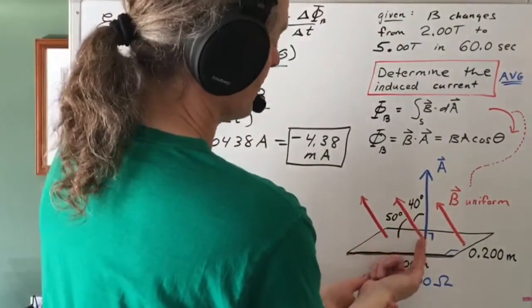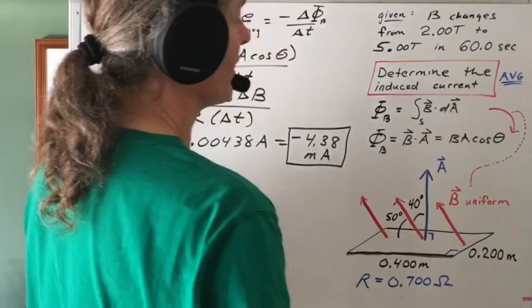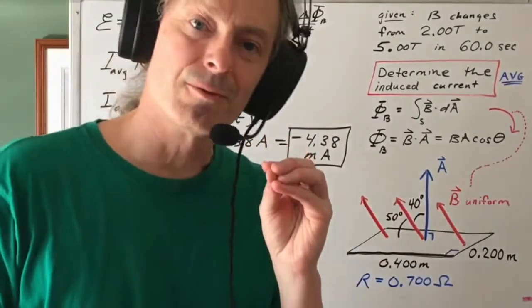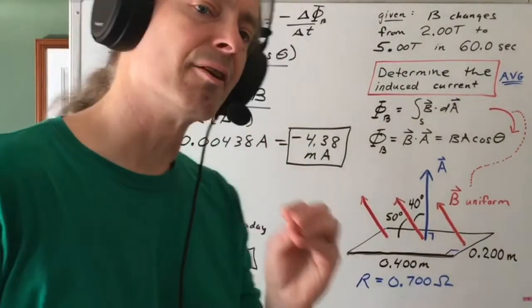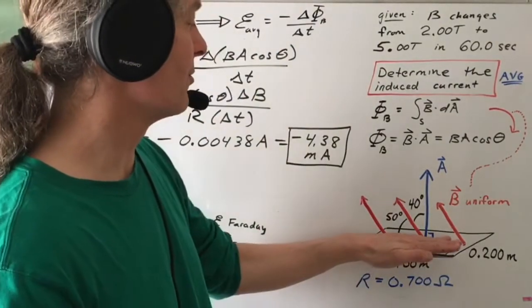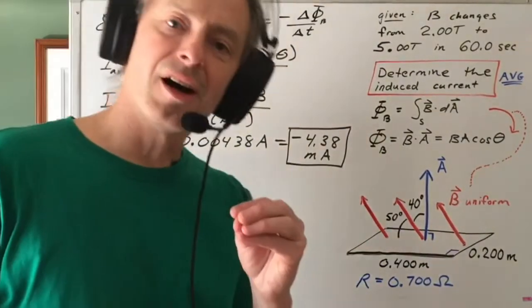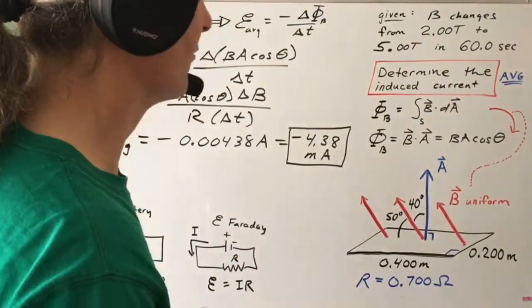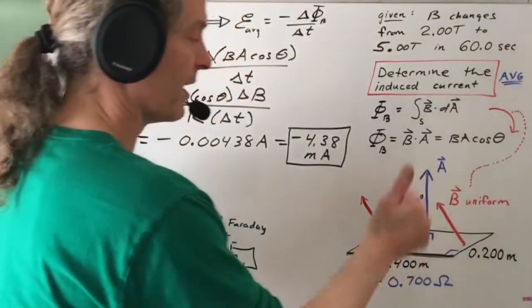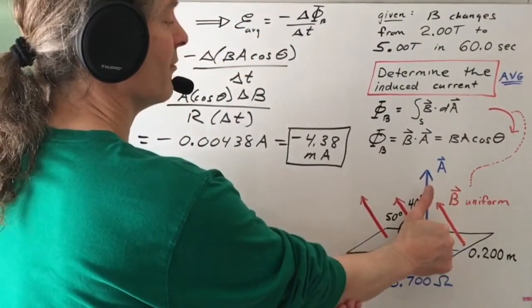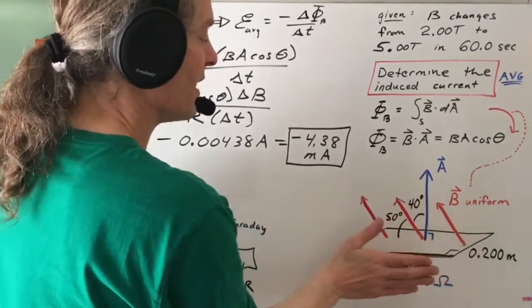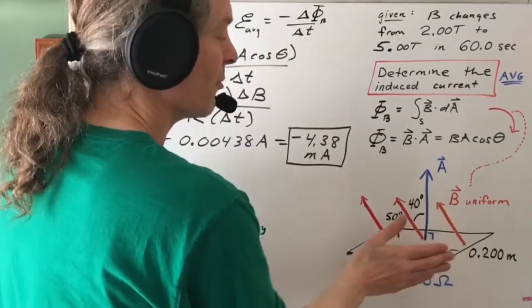Assuming we've taken this direction here to be our area vector, remember there is a right-hand rule relationship between the area vector corresponding to the area of a surface and the positive path around the perimeter of that surface. So remember, right-hand rule: stick the thumb in the direction of the area vector, and the fingers wrap in the sense of the positive perimeter direction.